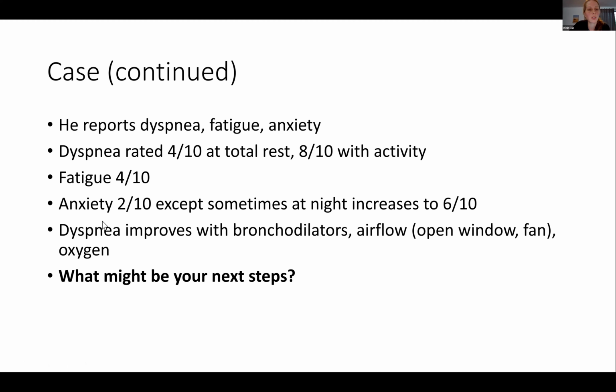He shares that his fatigue level is about a 4 out of 10, and his anxiety is 2 out of 10, except sometimes at night, it increases up to 6 out of 10. His dyspnea, or his shortness of breath, improves with bronchodilators, airflow, which Dr. Maha was explaining earlier, by opening the window or using a fan, and oxygen.